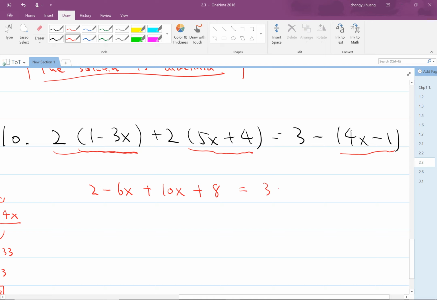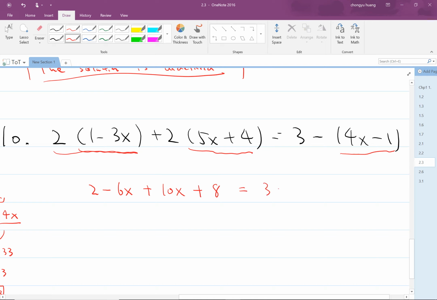You see over here we have a negative, and 4x is positive, so it becomes negative 4x, and then we have a negative 1 inside over here, so negative and negative become positive, so it becomes positive 1. Now we have to simplify a little bit.